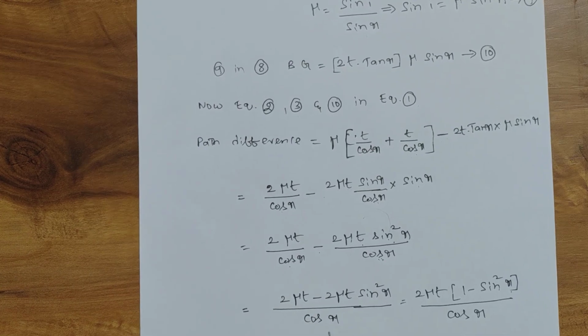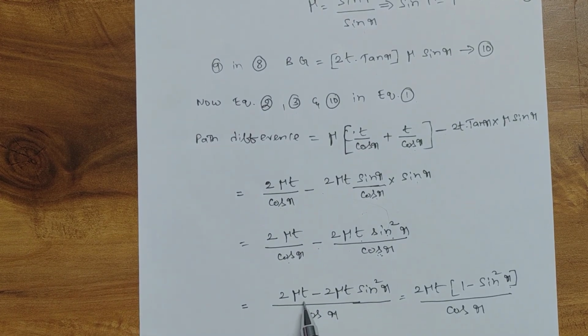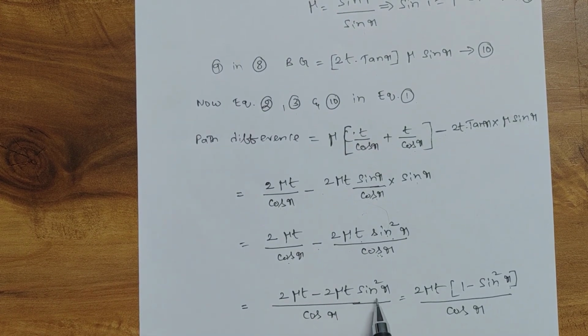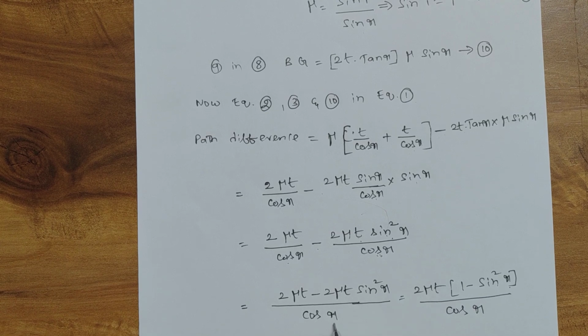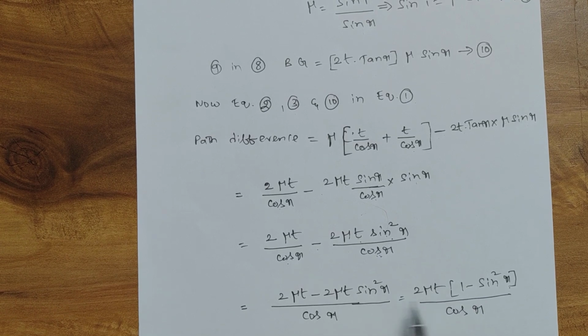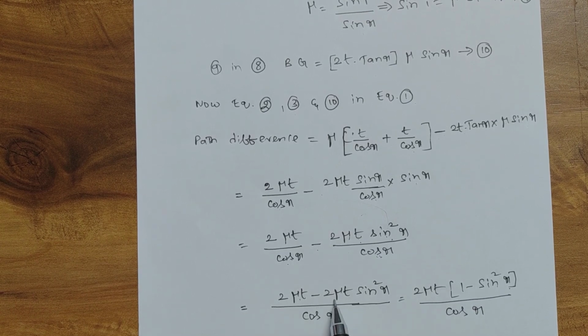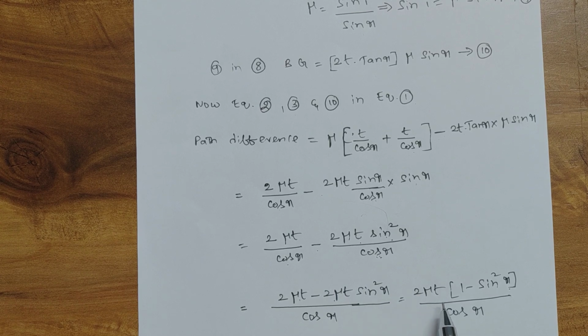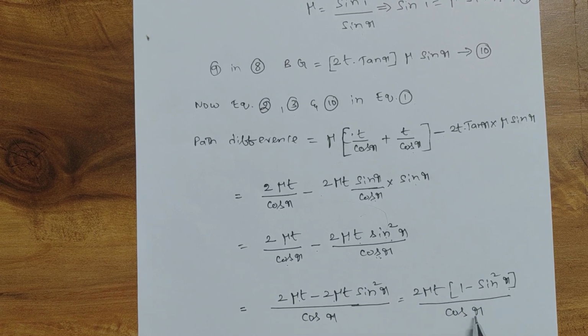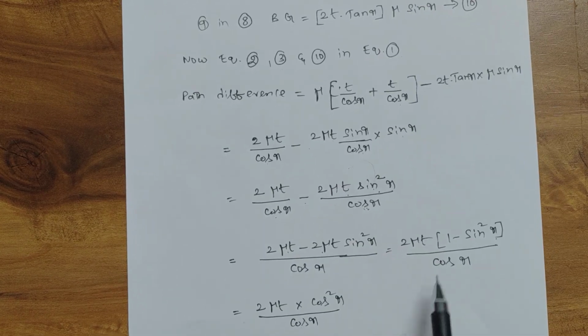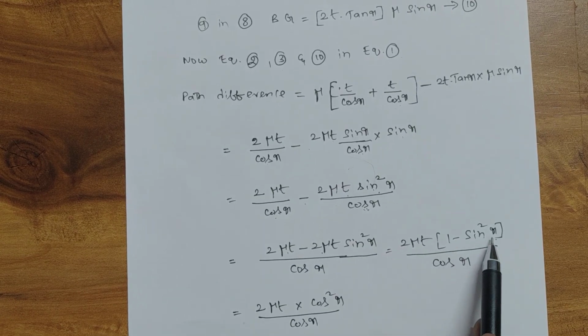Now take cos r as the LCM: 2 mu t minus 2 mu t sin square r divided by cos r, that is equal to, taking 2 mu t as common factor here, 2 mu t into 1 minus sin square r divided by cos r. Now in this equation, 1 minus sin square r can be written as cos square r.